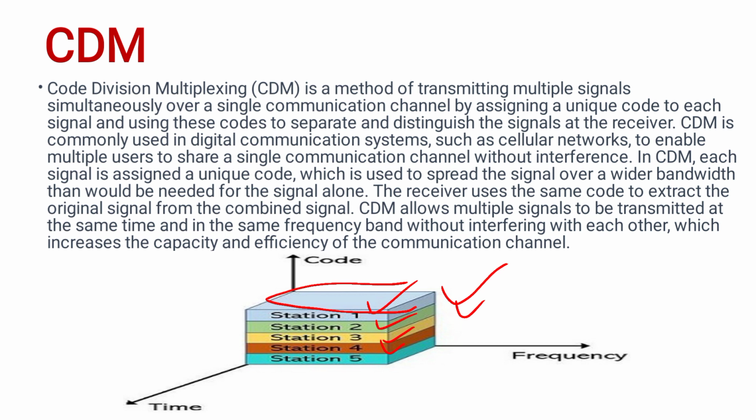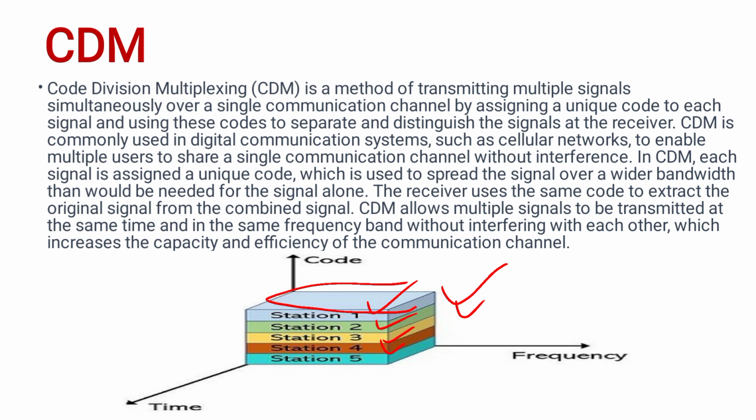In CDM, each signal is assigned a unique code, which is used to spread the signal over a wider bandwidth than would be needed for the signal alone. The receiver uses the same code to extract the original signal from the combined signal.